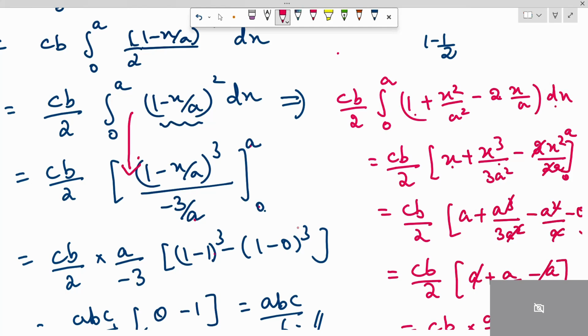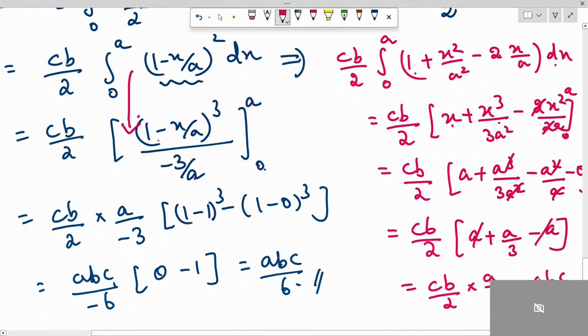Then don't forget to apply lower limit here, because look at this, 1 minus 0 is coming, which means we are getting minus 1, first term only 0. From this to this term we are getting minus 1, and then minus into minus plus, we are getting abc by 6.